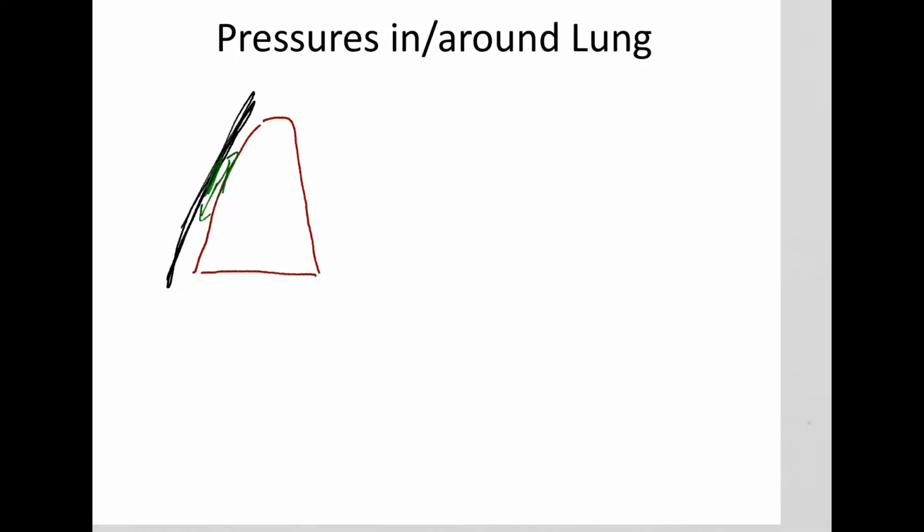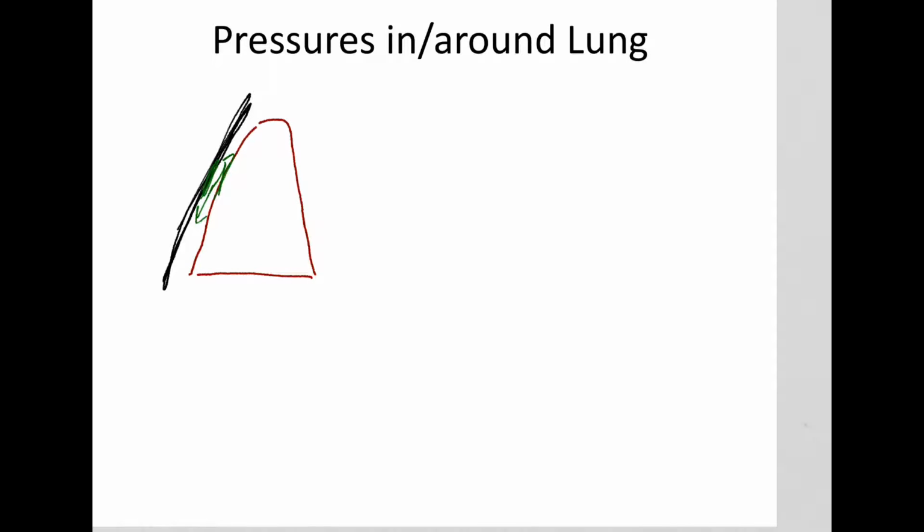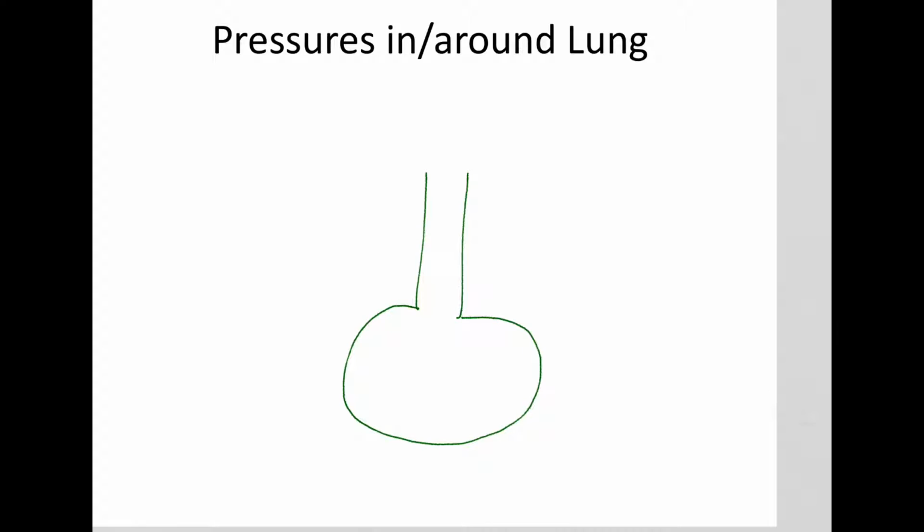So let's go back and talk about pressures in and around the lungs, and we're just going to think about a very basic lung. We have atmospheric pressure up here, and this is the air that we breathe in and out, that we're bringing in through our mouth. This is the intrapulmonary pressure, I should say. And then we have the chest wall. Remember, the chest wall is kind of coming along here, around the outside of the lungs.